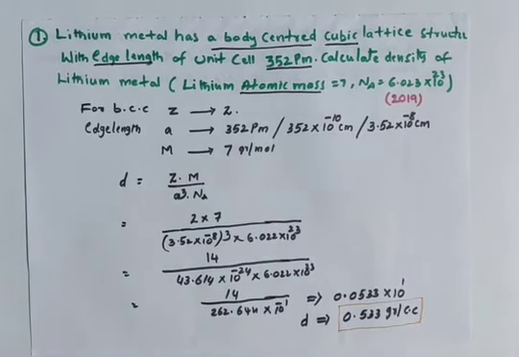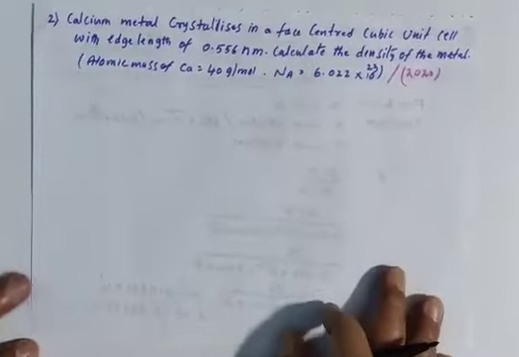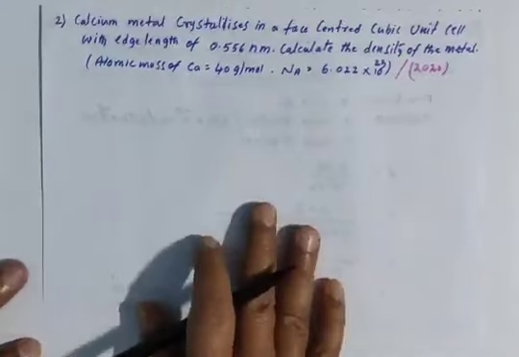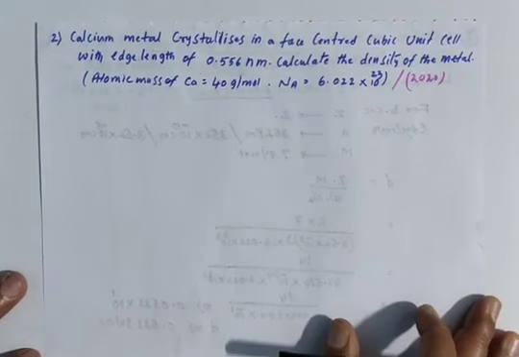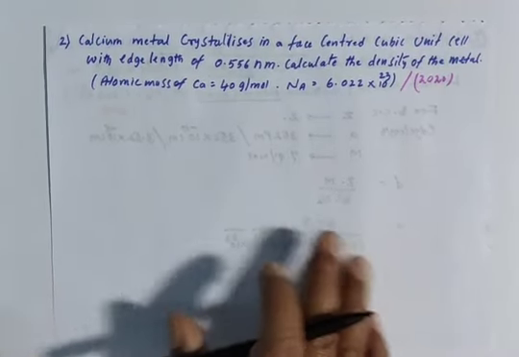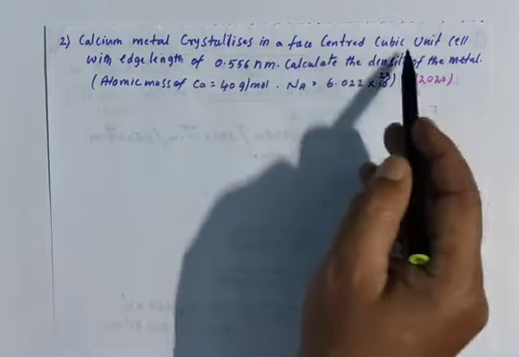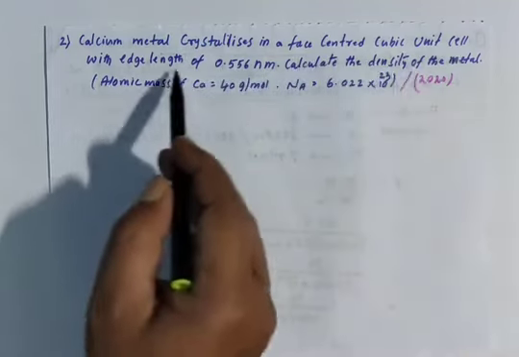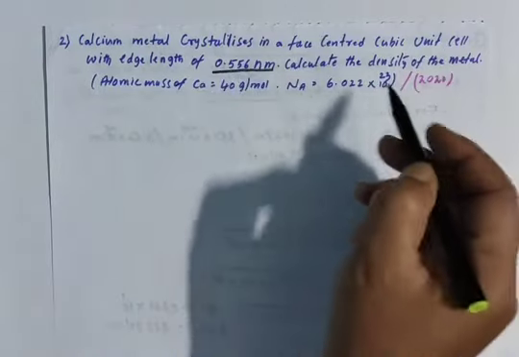Go for another problem here. In 2020 the problem is given: calcium metal crystallizes in a face centered cubic unit cell with edge length 0.556 nanometer.